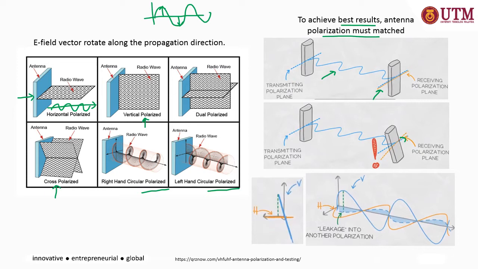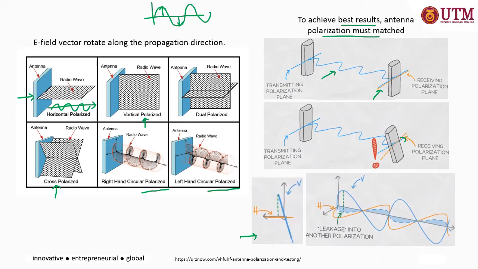Okay, when an antenna has both vertical and horizontal polarization, but in practice the vertical and the horizontal polarization is not perfect, or it is not completely orthogonal.